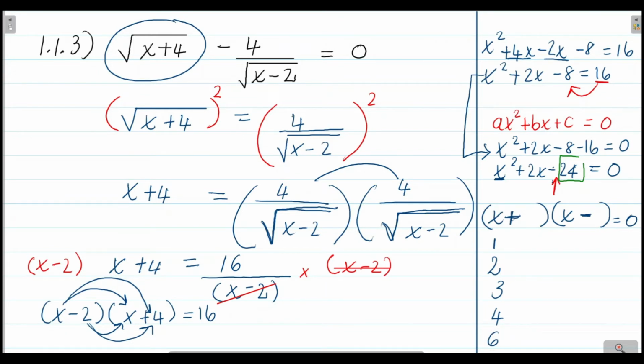From these factors of 24, you're going to look for a nice combination that, if I add or subtract them together, will give me a positive 2.